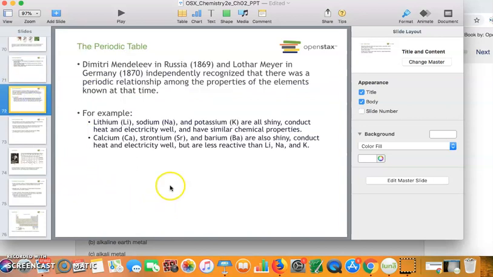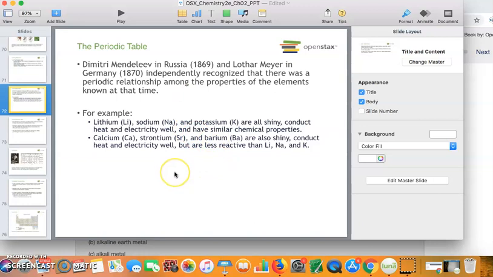Dmitri Mendeleev is the one who is credited for coming up with this idea of this organization sheet called the periodic table. And Meyer was also credited somewhat with its development. They recognized that there was a periodic relationship among the properties of the elements known at that time.